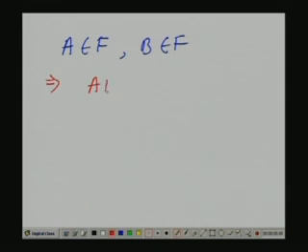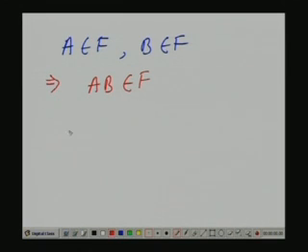Okay. First, let us consider this thing, that suppose A is an element of F, B an element of F, then we will show that their intersection AB is also an element of F. It is not very difficult to show.